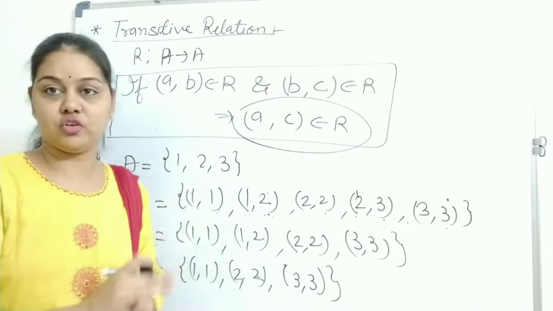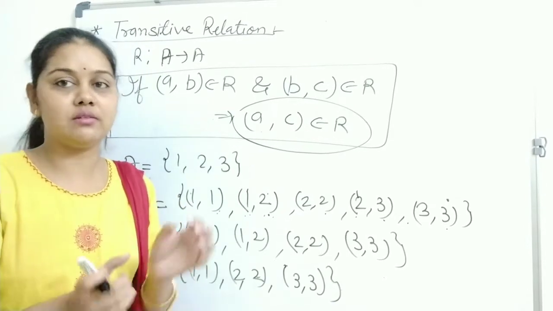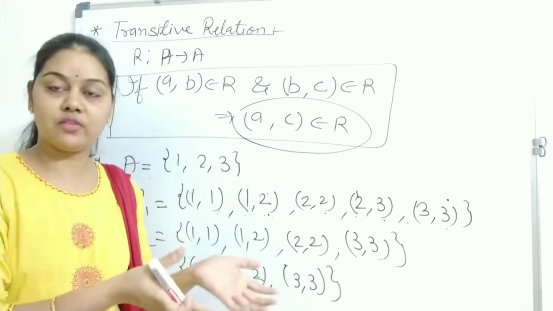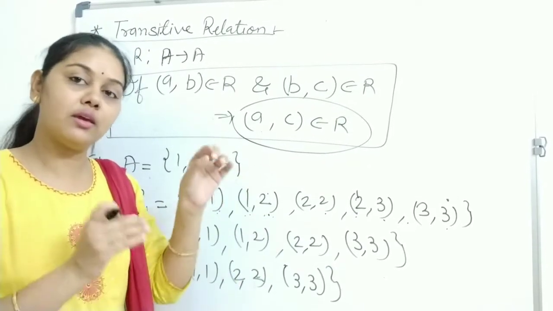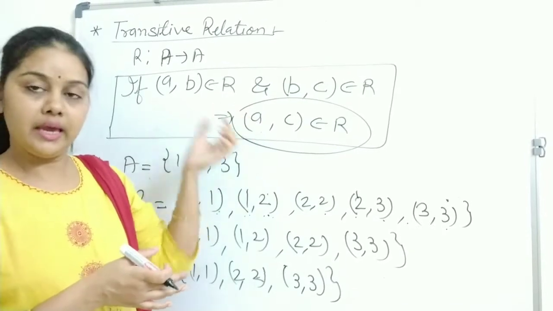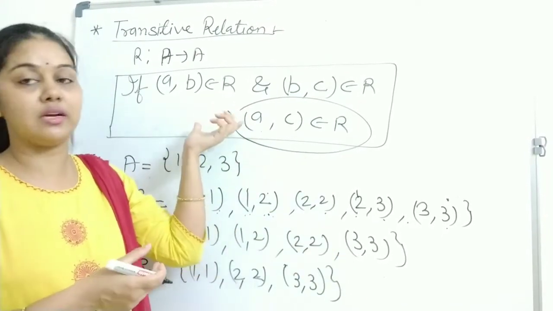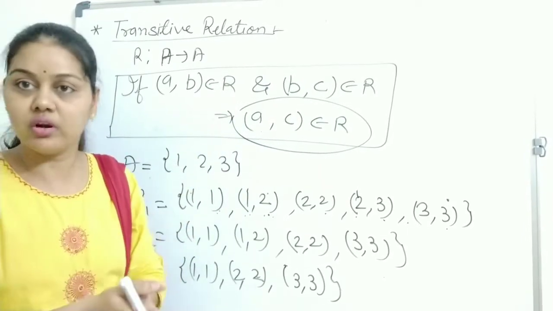Look at this relation. To find out whether it satisfies the condition or not, we just need to check whether there is any element which is not satisfying this condition. If there is, then that will not be a transitive relation.